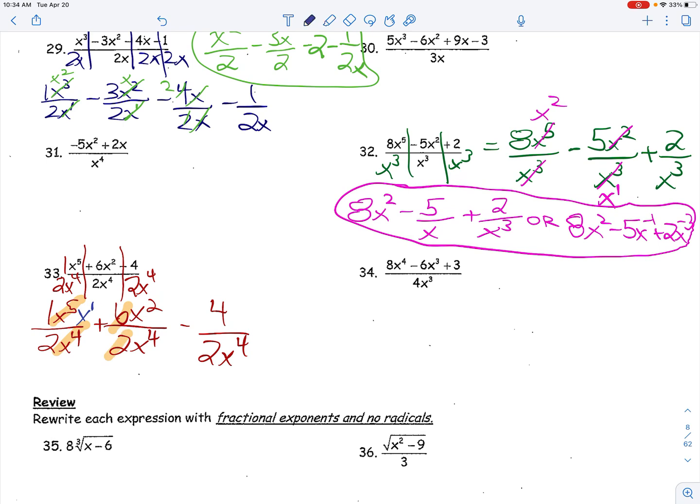We have 6 divided by 2 here, which is 3. We have an x^2 over x^4. All right, x^2 over x^4 will leave you with 2 x's left over in the denominator.